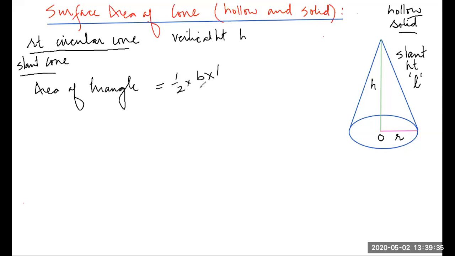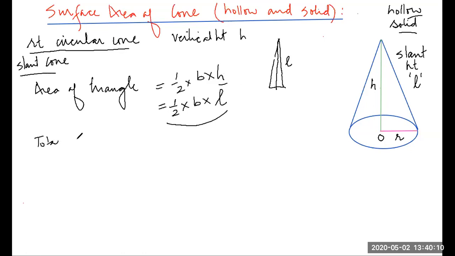That base we have taken as B, and if they are all same size triangles, all the inclined heights are L. So it's half into base B into height L. This is the area of the first triangle.